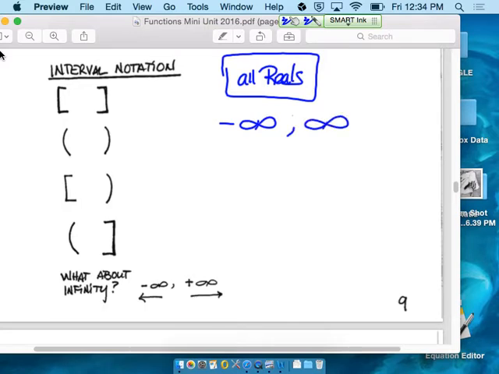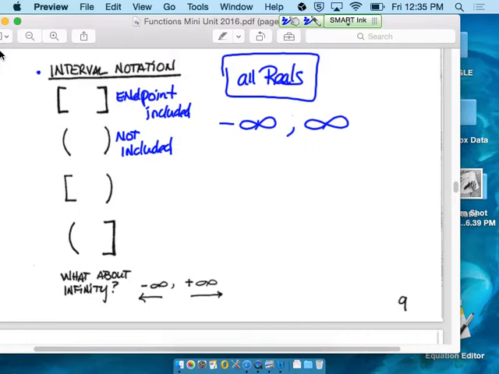When I'm looking at the symbols that I've written over here under interval notation, here I have the hard brackets. This means that my endpoint is included. An open bracket means the endpoint is not included. And the combination brackets would mean that one endpoint's included, bounded, the other is not included, or it's unbounded.